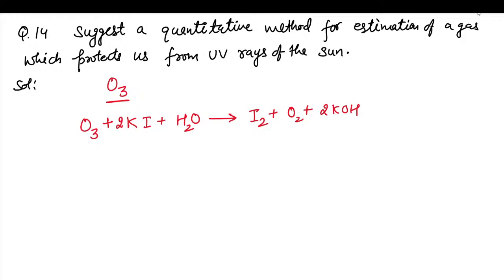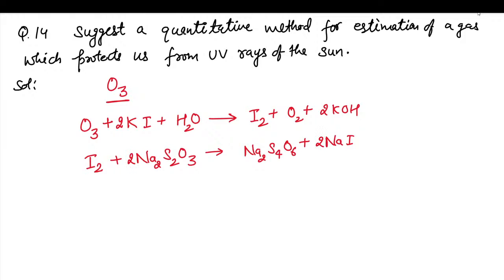After the formation of I2, this I2 thus liberated is titrated against a standard solution of sodium thiosulfate using starch as an indicator, and we get sodium tetrathionate along with sodium iodide. Done. In this way, the amount of O3 can be estimated.